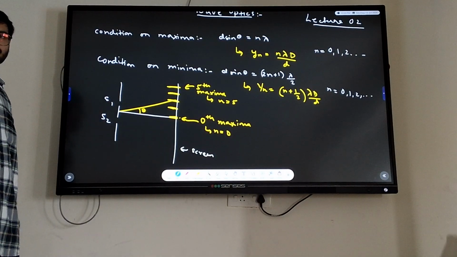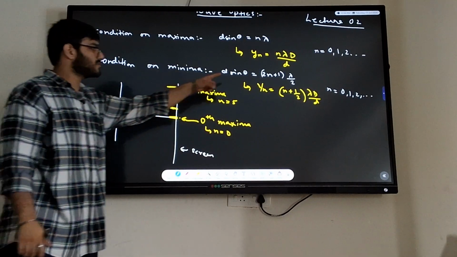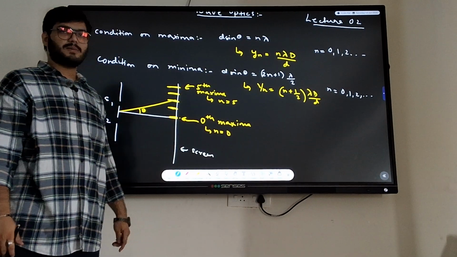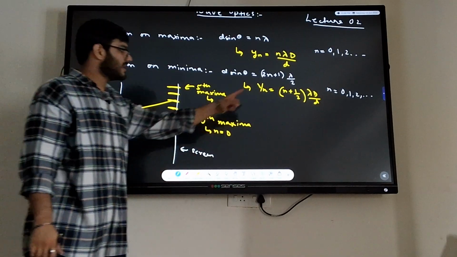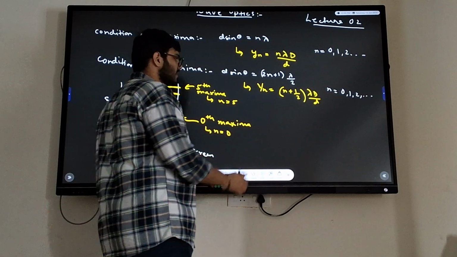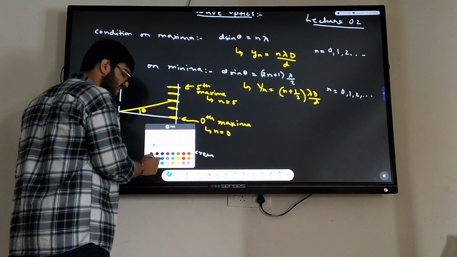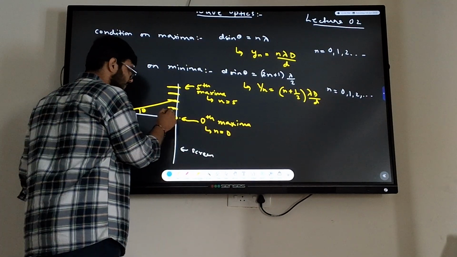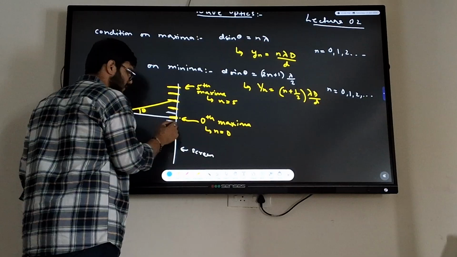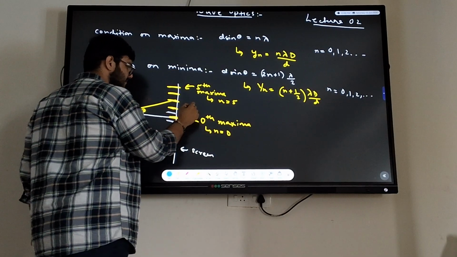Okay? Now let's come back to minima. In minima, when n equal to 0, what is it? When n equal to 0, it corresponds to the first minima. These both are first minima.